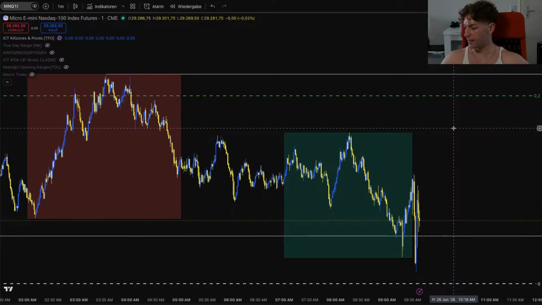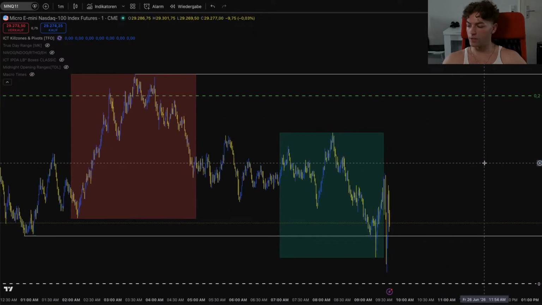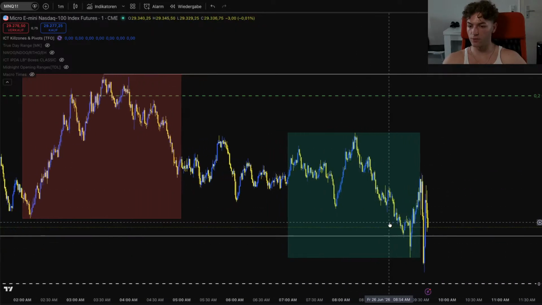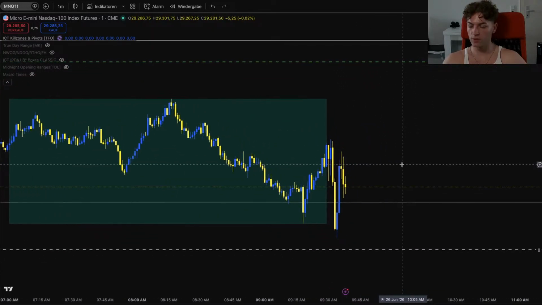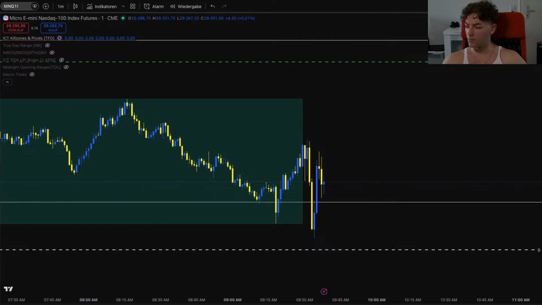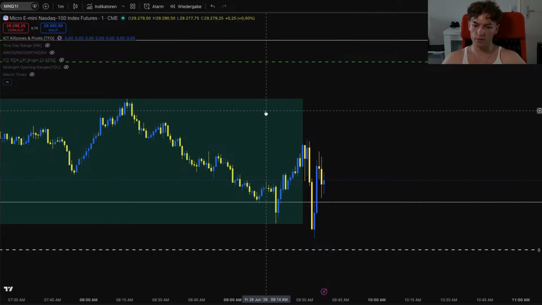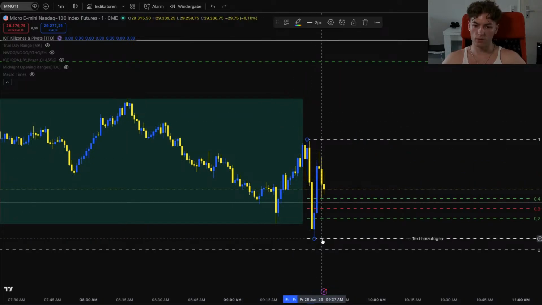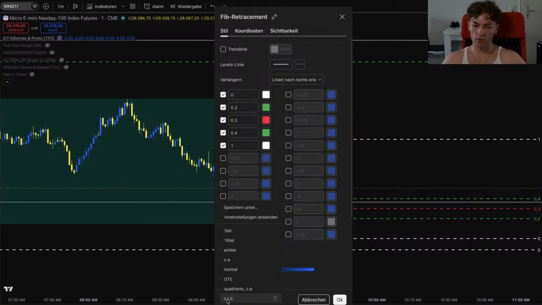Yes, like Fib. Not exactly these Fib levels, but yeah, like you use the Fib. What you described is the OTE. These levels are for the OTE level, the optimal trade entry that ICT teaches. For example, when you take this high to this low, you take the OTE level.